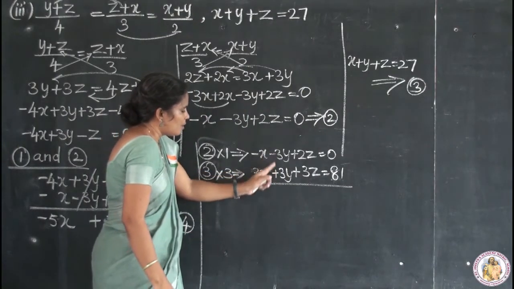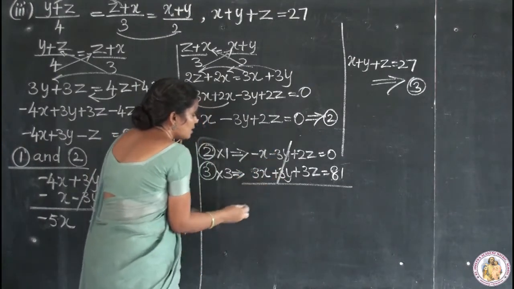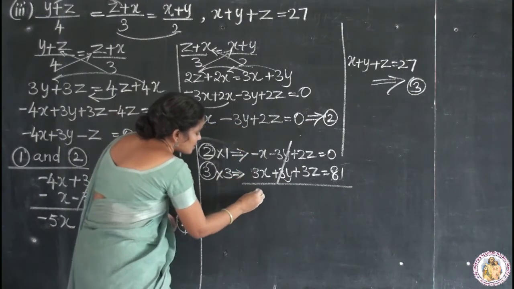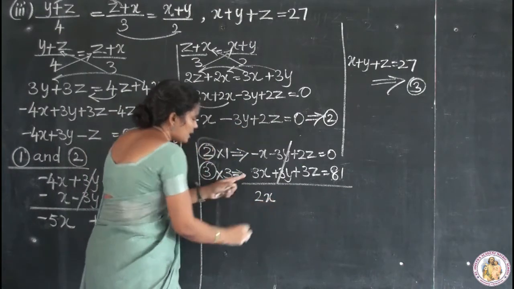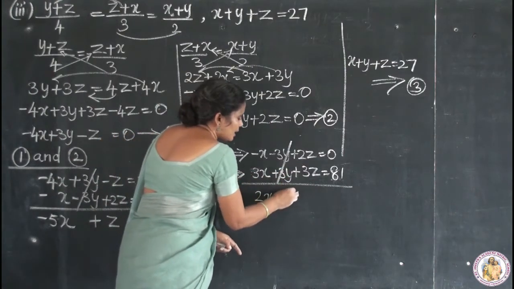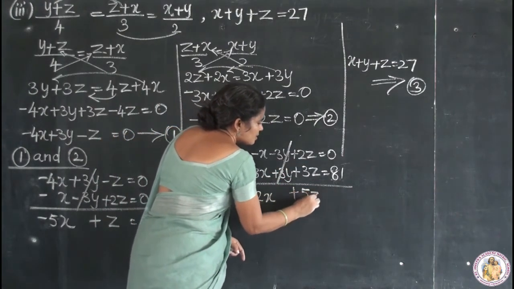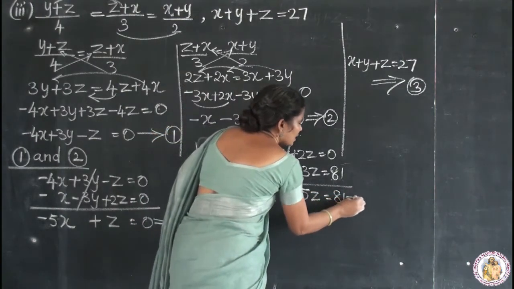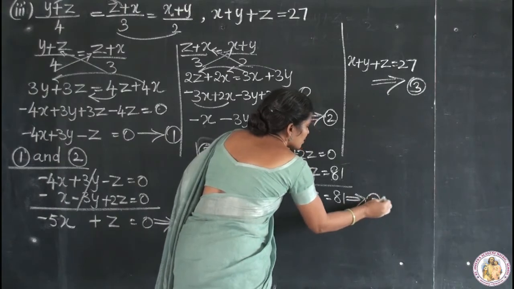Different sign, cancel, and here 3x minus x is 2x, plus 2x, same sign, and 5z is equal to 81. Taking this as fifth equation.